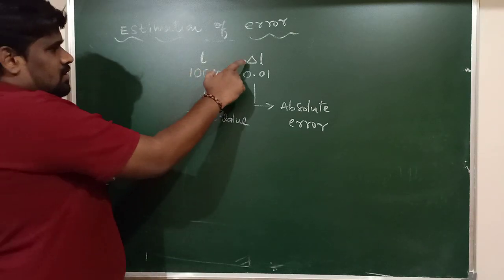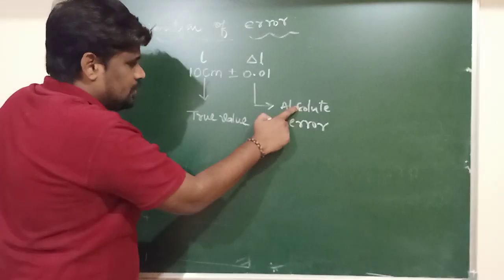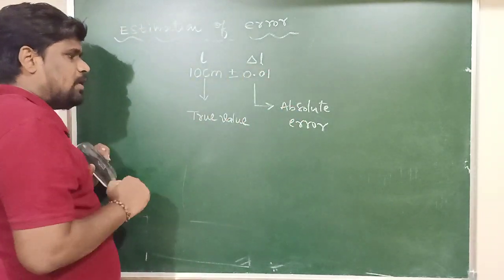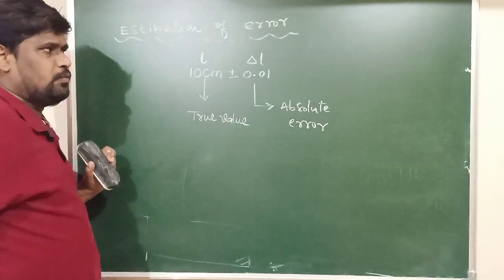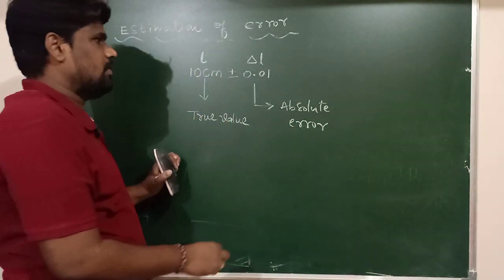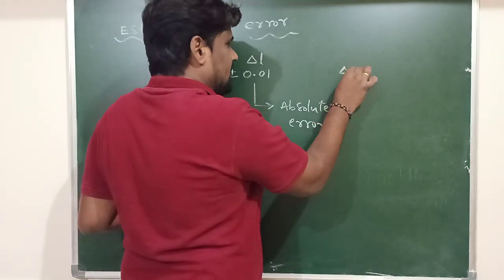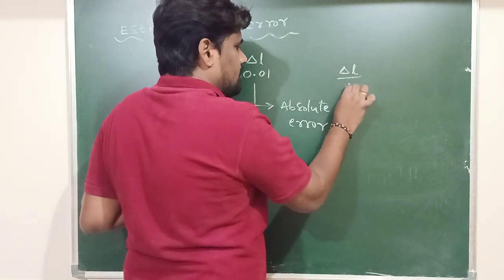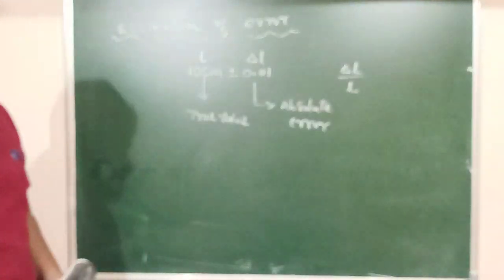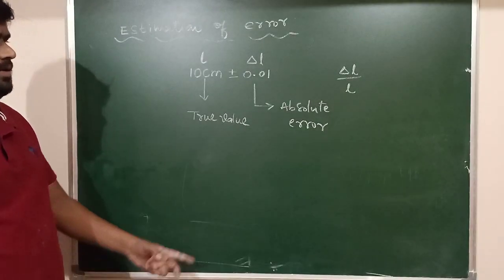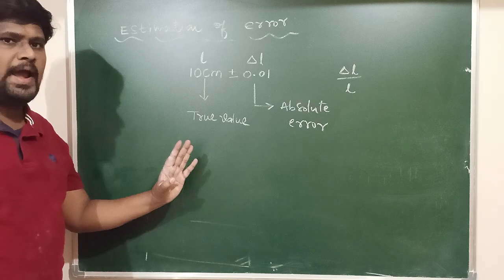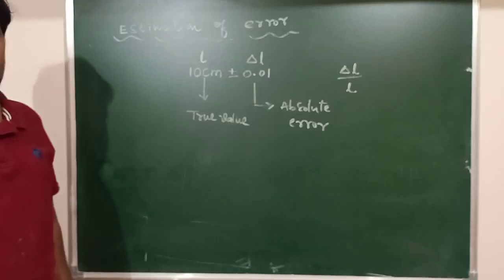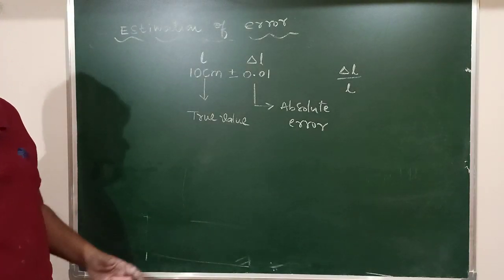Next, consider absolute error divided by true value. Here that is delta L divided by L. Delta L divided by L is the absolute error divided by the true value for the measurement of a physical quantity, here length.